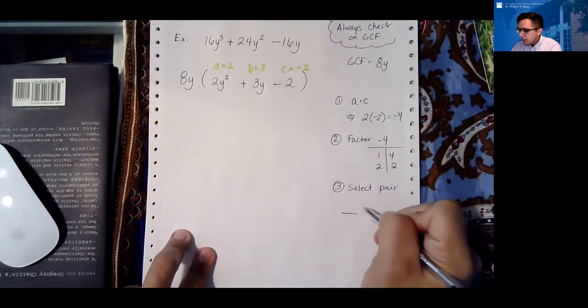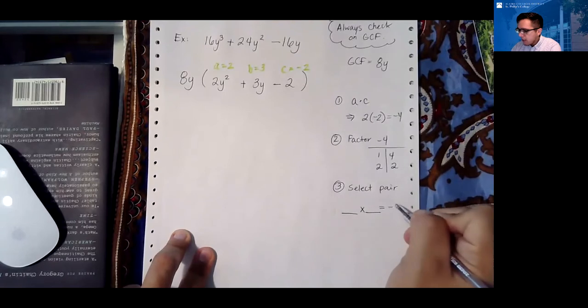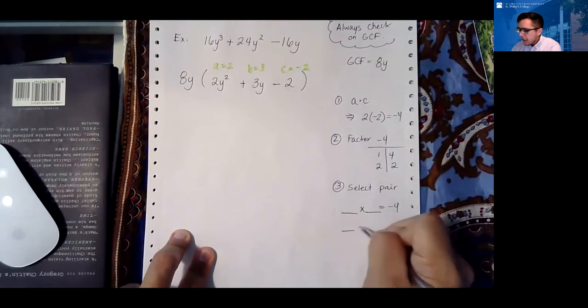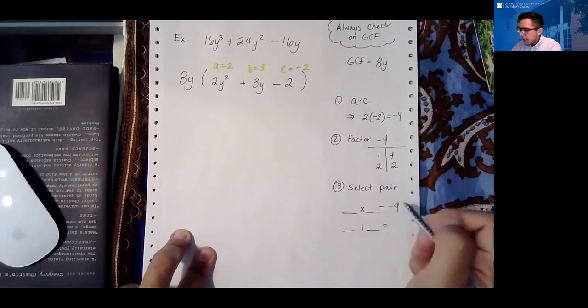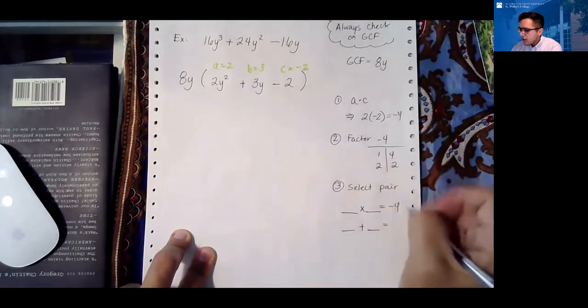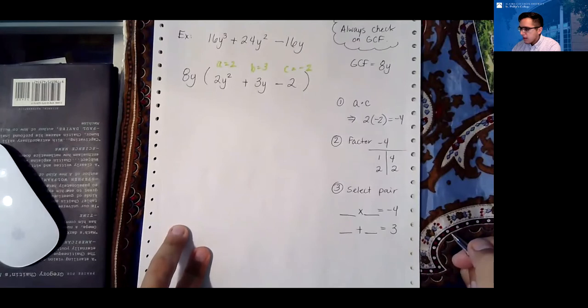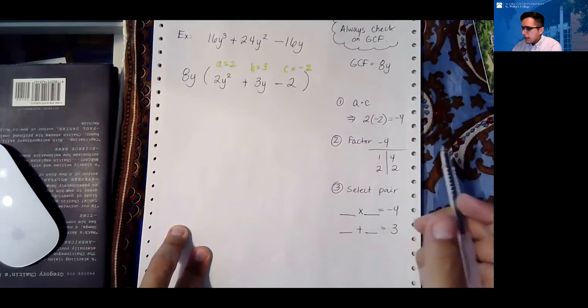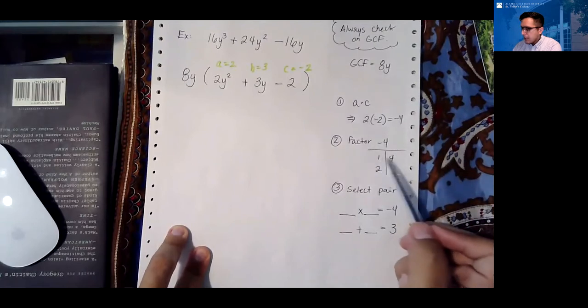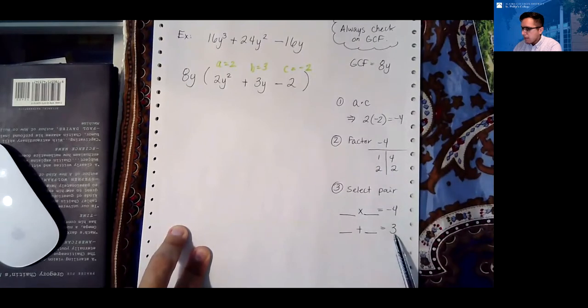That is, they need to multiply to make -4, and they need to add to make B, which is 3. So it looks like 1 and 4 can be combined in some way to give us 3.